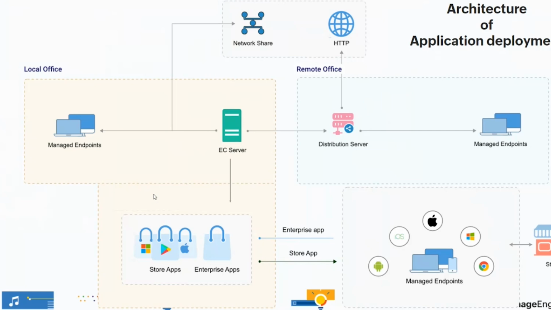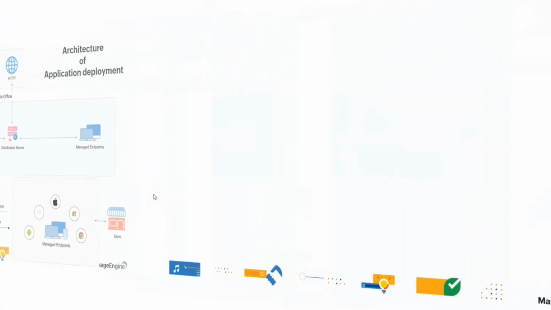As you can see, there are remote offices and remote workers, and you can manage all these devices using Endpoint Central. If it is an enterprise application, you can upload it to Endpoint Central and deploy it. If it is a store app, then via the store you can deploy it to the devices. Again, I will be explaining all these in the upcoming slides.